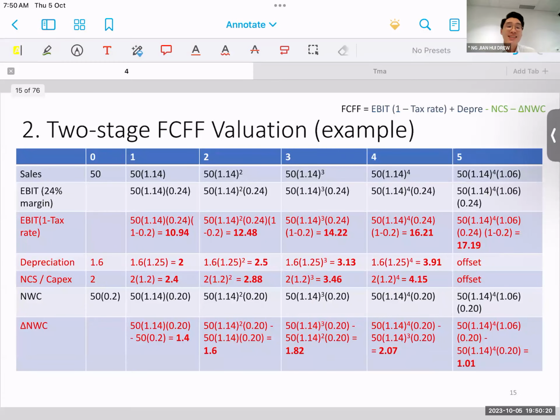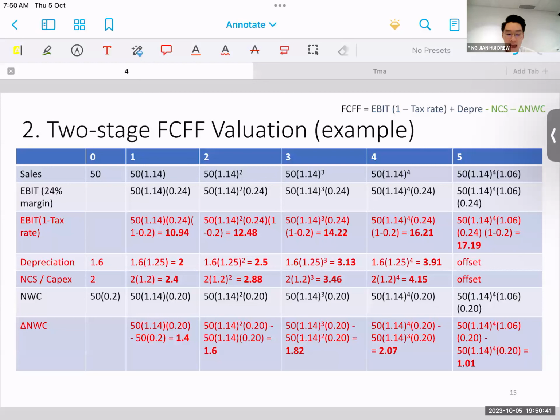Okay, so now this is the tough part, right? Like I mentioned, the tough part of free cash flow is to find out the cash flows, right, using the formulas. So in your GBA, in your finals, I highly recommend you do a table like this.